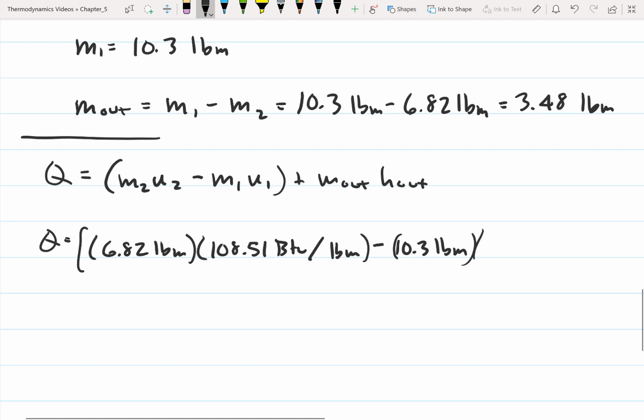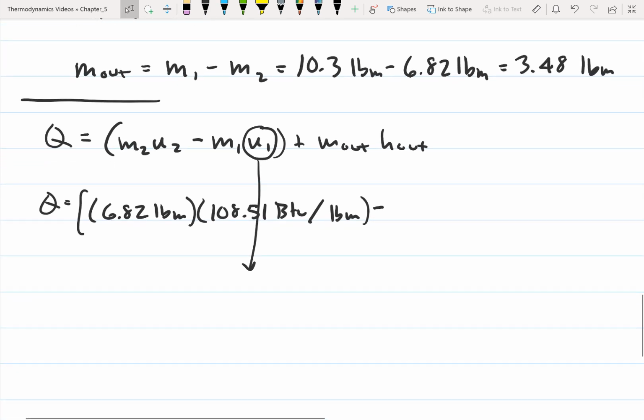multiplied by, and actually I kind of skipped a step, so we need to calculate the internal energy of state 1, and so we want to expand this and do a calculation with it because it's a saturated mixture.